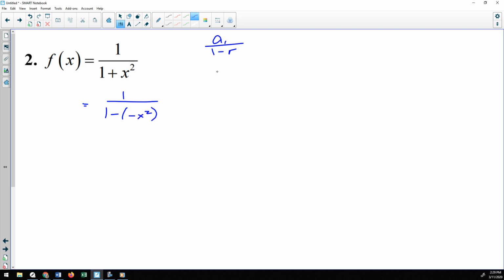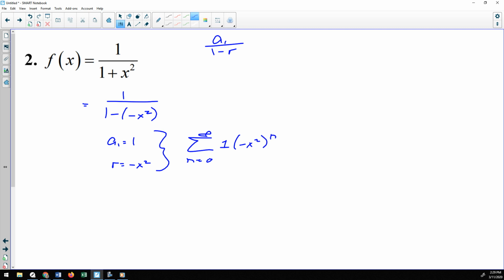If I do that now, I do have 1 minus in the denominator, and that's the key part. My first term is 1. The ratio is negative x squared. So that I can take all of that information and rewrite that into a series. That would be first term times the ratio negative x squared to the n power.